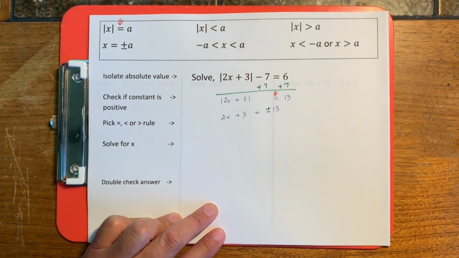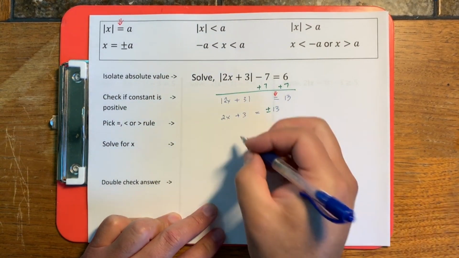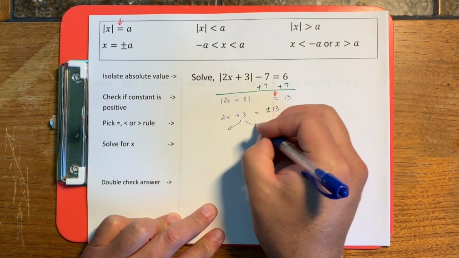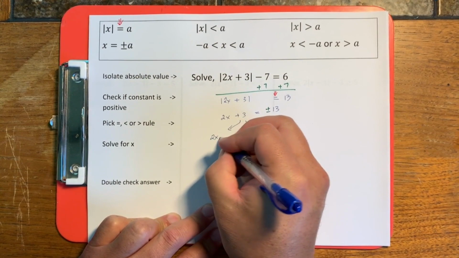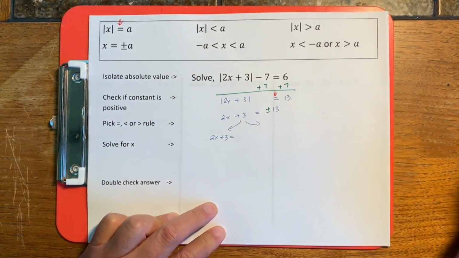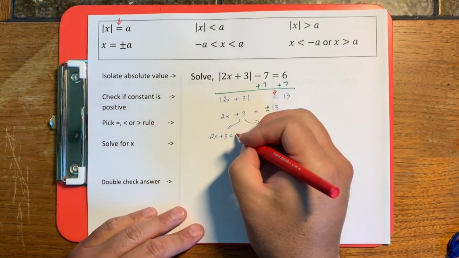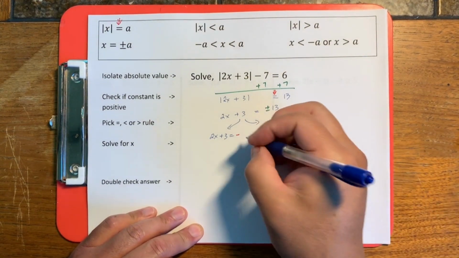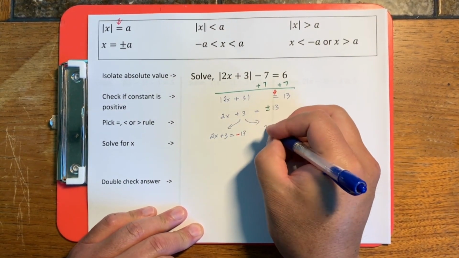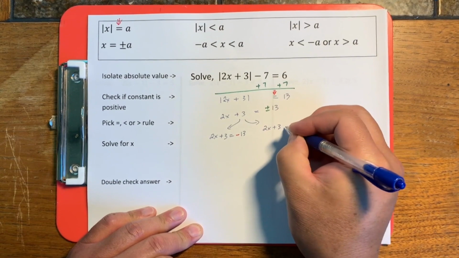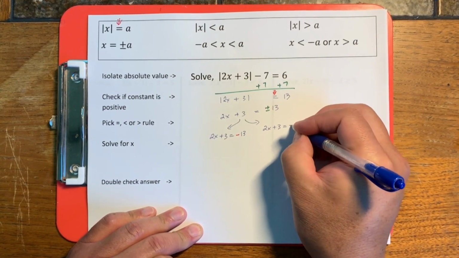Now, what this means is that we have two equations here. We have 2x plus 3 is equal to minus 13, and we have 2x plus 3 is equal to positive 13.